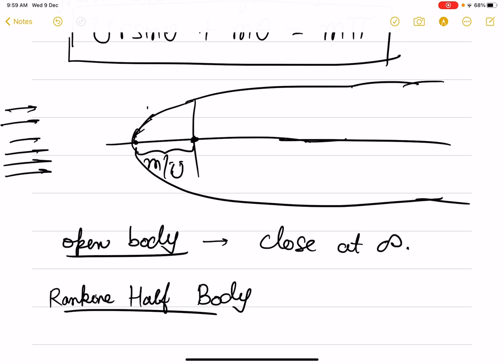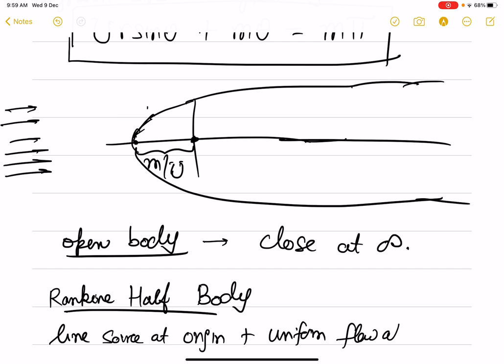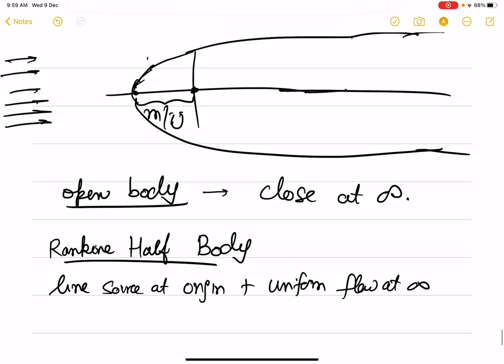So if you have a line source at the origin plus uniform flow at infinity, here we get a flow past what we can call a Rankine half body.